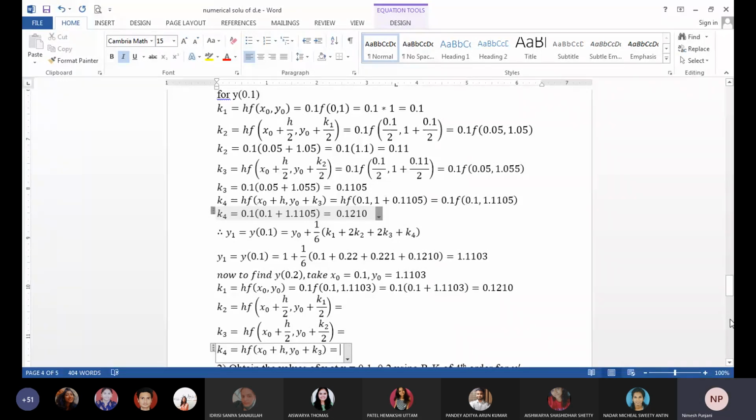And then y of 0.2 will be 1 plus 1 by 6 of k1 plus 2k2 plus 2k3 plus k4.